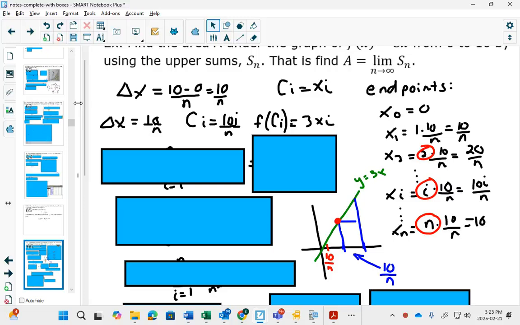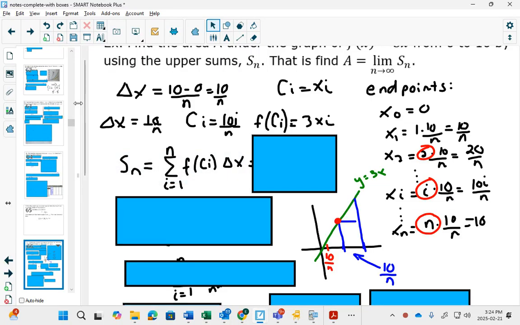Okay. So that's the idea. With that, we're looking at a pattern here, and the pattern is that you would always have 3, right? Well, we've got our change in x, we've got c of i being 10i over n, this is the general one, and since our equation is 3x, that's why we would have 3 of these.